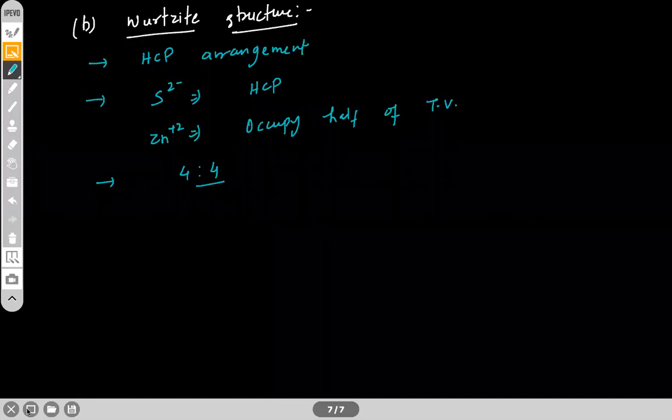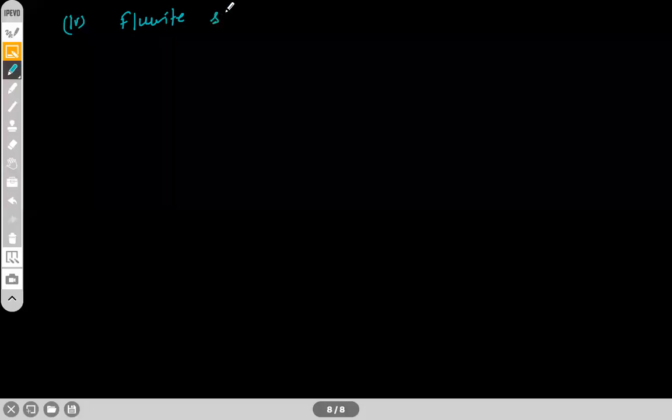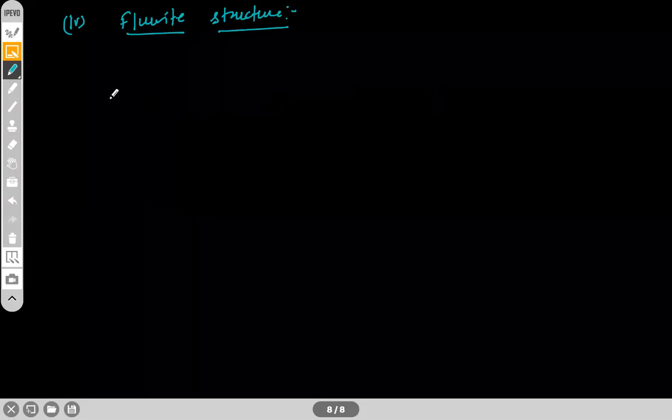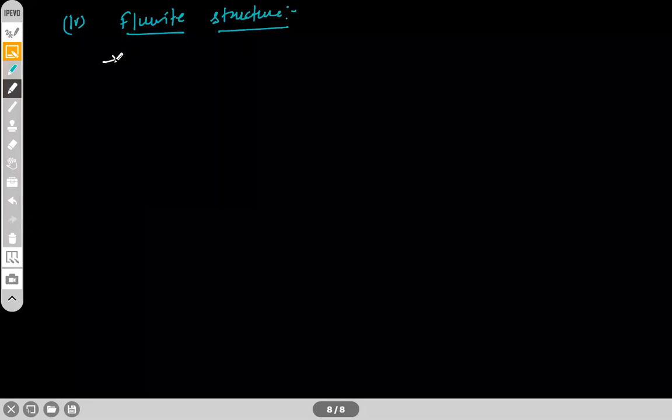The next structure we have, write down, that is the fourth type, I guess, and we call it the fluorite structure. Fluorite structures are there in molecules of type AB2.